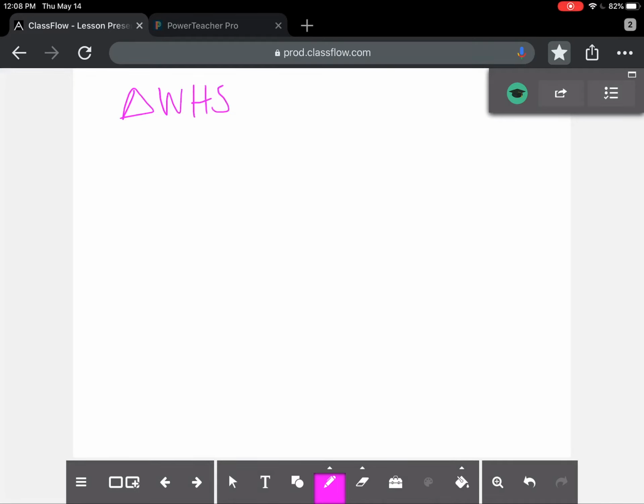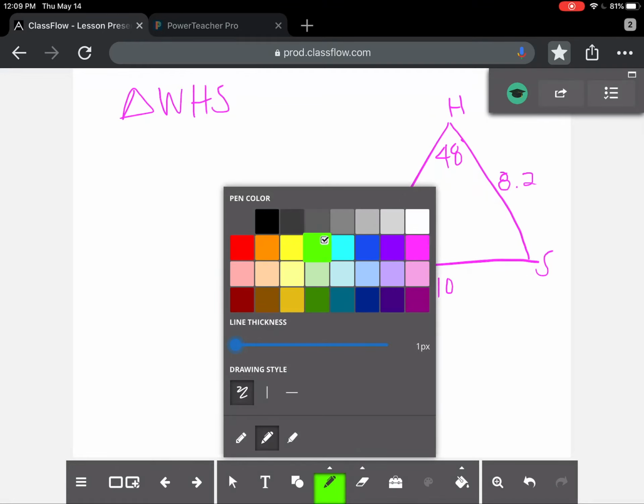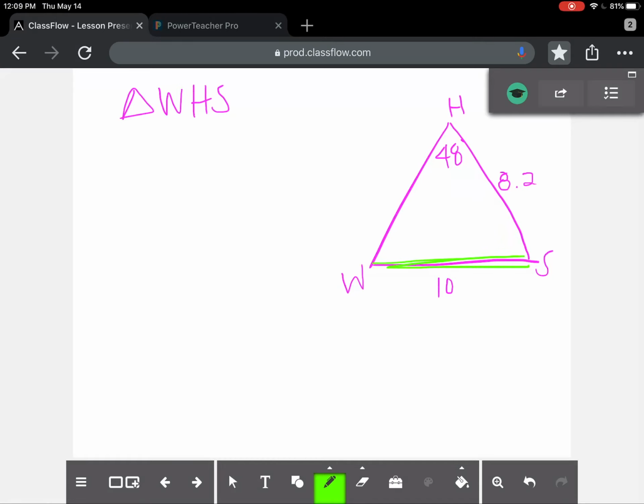Next one. The law of sine can also be used to find the measures of missing angles. So solve, I am given this triangle WHS, and I'm given this angle, 48 degrees, and I'm also given this side length and this side length.